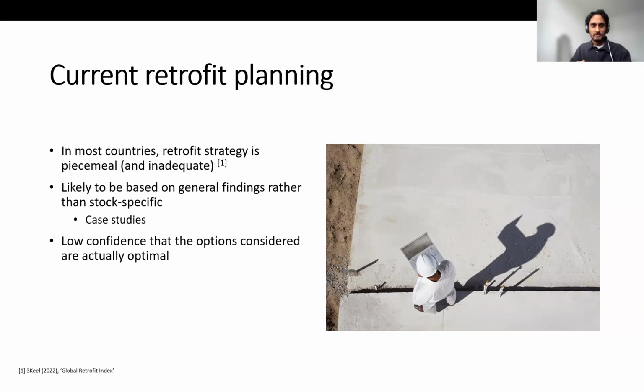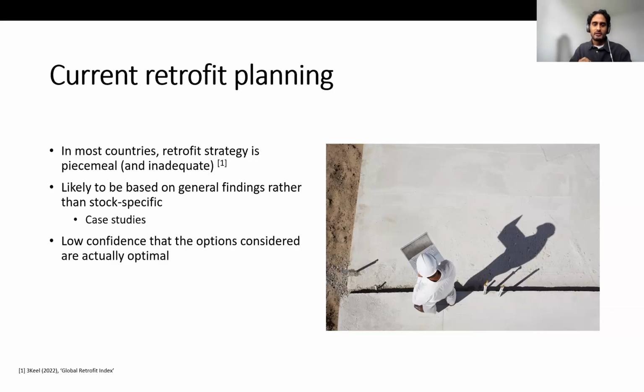So when retrofit strategy is done, it's likely to be based on case study findings. So these could be case studies where they've measured the performance of a building before and after a retrofit and reported the performance improvements and the effects on the quantities of interest.